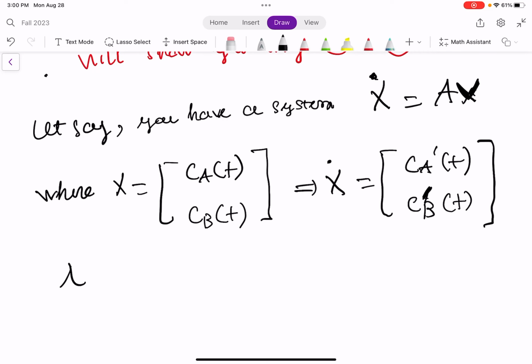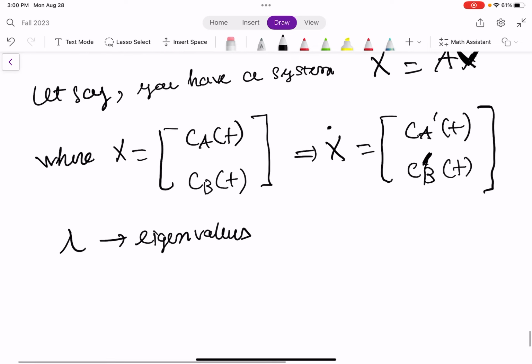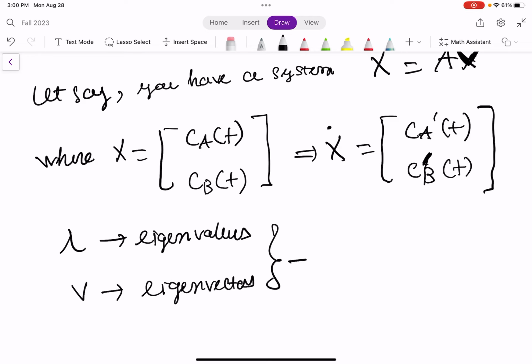So let's say lambda is going to be our eigenvalue, and V is going to be our eigenvectors. And you must recall from previously, I think it's part 2 or part 3, we said P is a collection of eigenvectors.